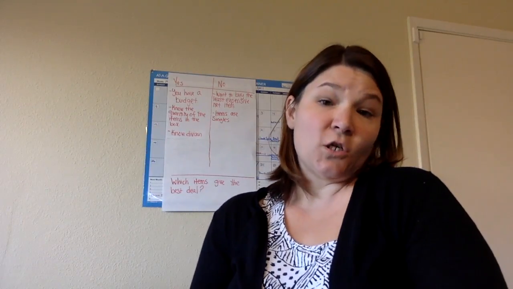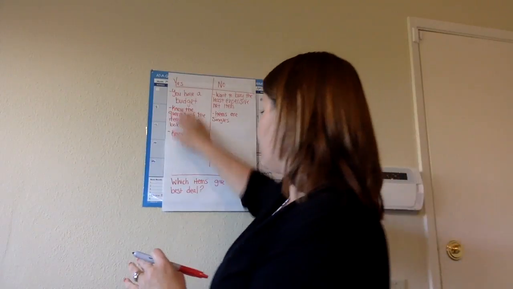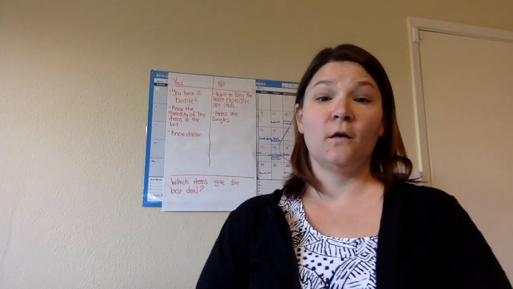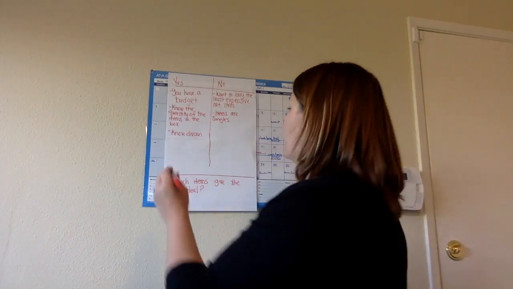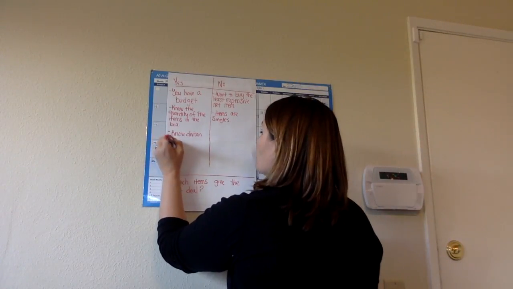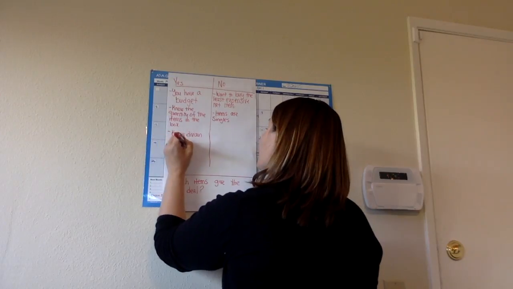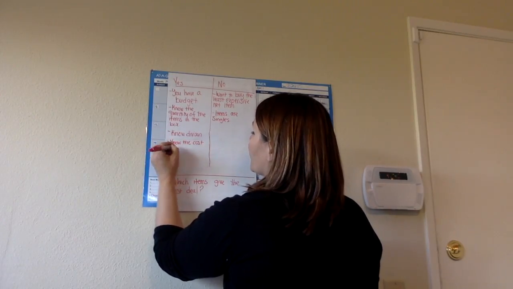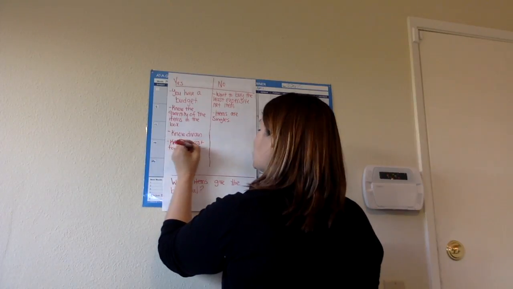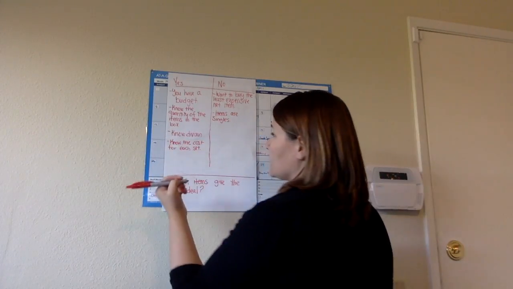What else might you need to know in order to find the best deal or the unit price? Oh, you're going to need to know the cost for each set, correct? That's correct.